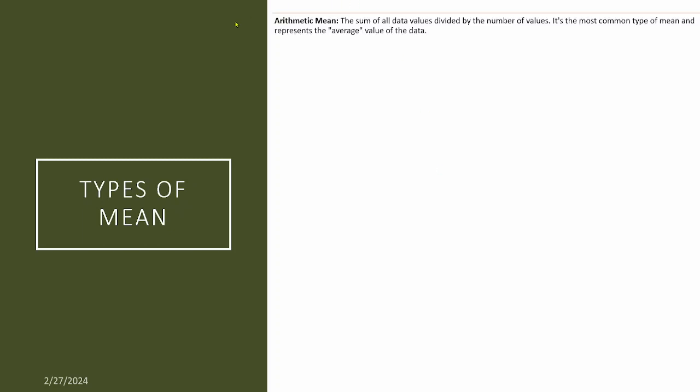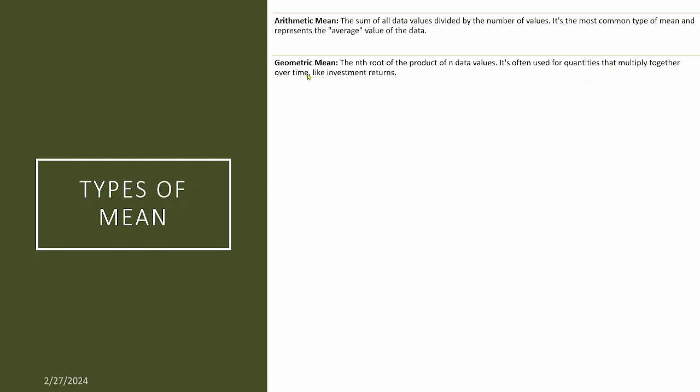So let's talk about some of the types of mean apart from the arithmetic mean or the average mean that we just spoke about. Arithmetic mean is the sum of the values divided by the number of samples. Geometric mean is a special one, and I'm going to define and describe with an example what geometric mean is and when to use it in data science.